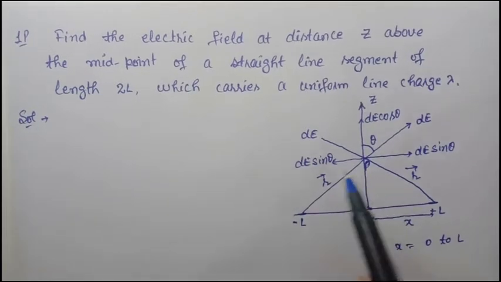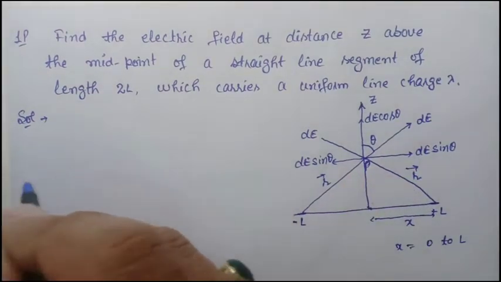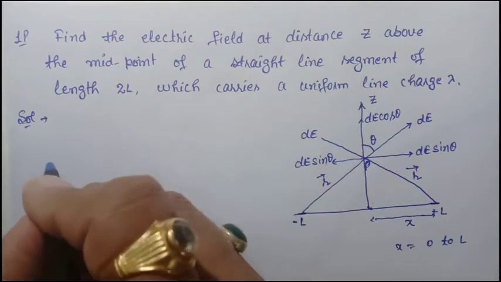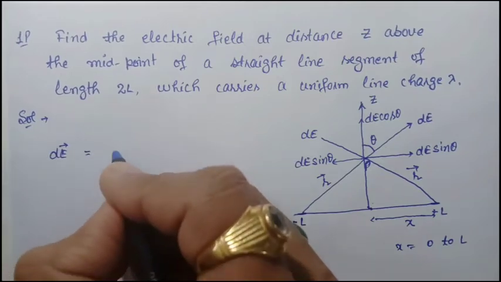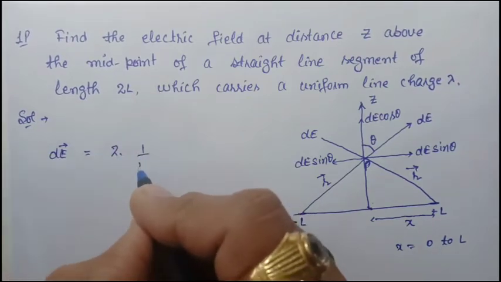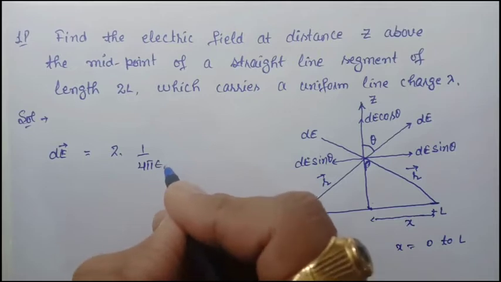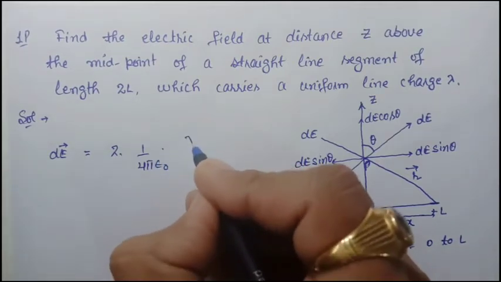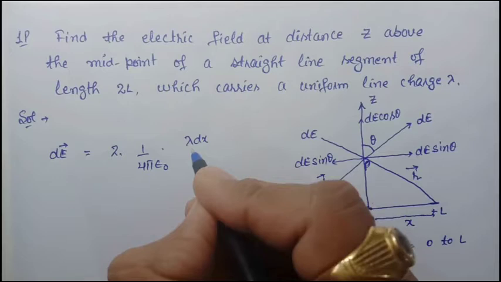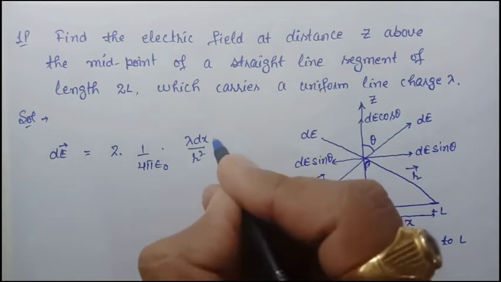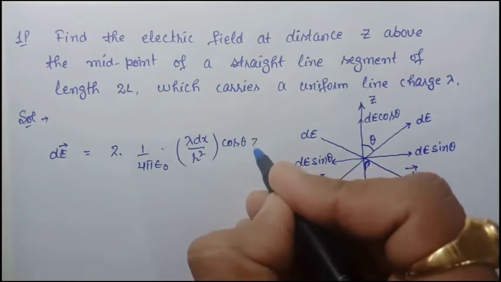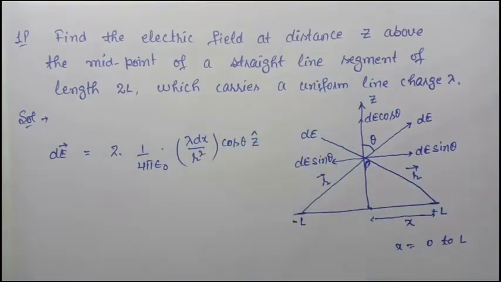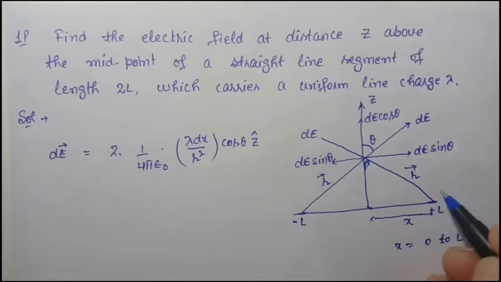The horizontal components will cancel out, so finally what we get is dE equals twice into 1 over 4 pi epsilon naught, and as per our question we can write lambda dx over r square, times cos theta, and z cap is the direction of the electric field. Here dx is the variable quantity.